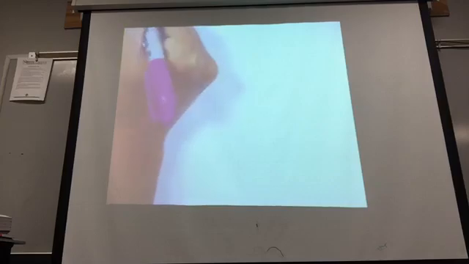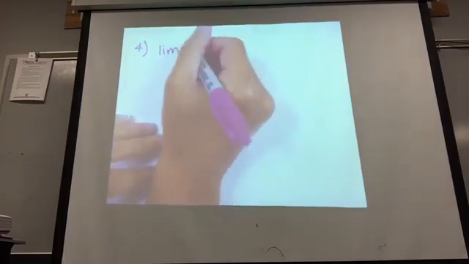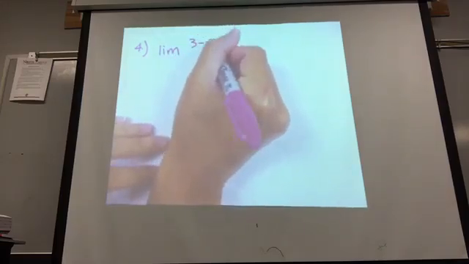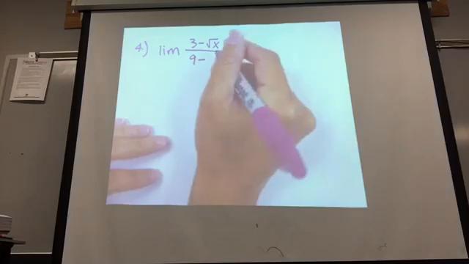So, example 3 yesterday. Actually, did we do 4? Just 3. We did 3. So, number 4. I have the limit of 3 minus the square root of x over 9 minus x.